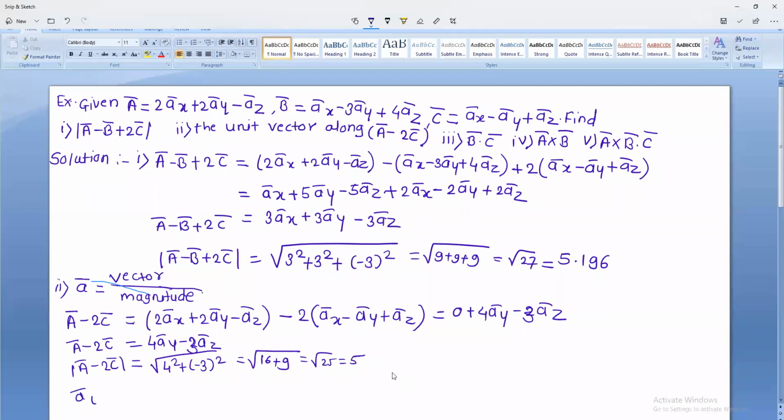Unit vector of a bar minus 2c bar is that vector, 4a bar y minus 3a bar z, divided by 5. So it is equal to 4 by 5 a bar y minus 3 by 5 a bar z.